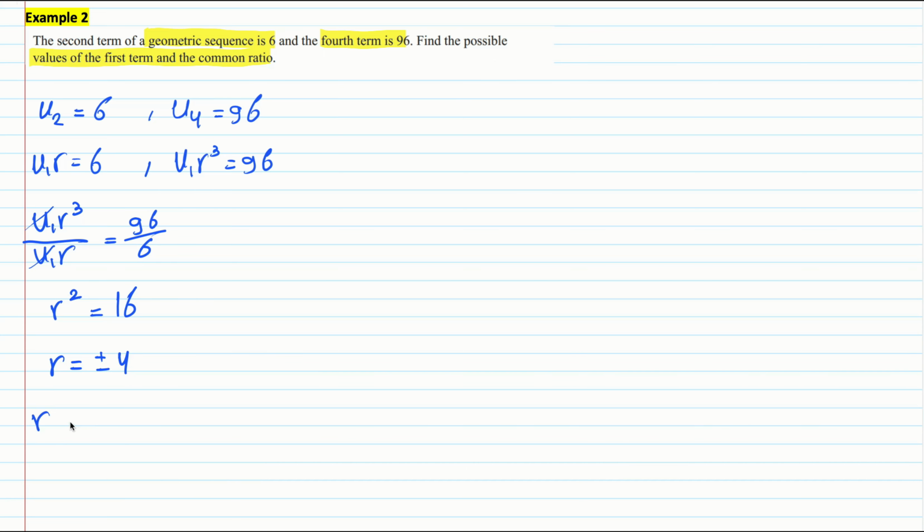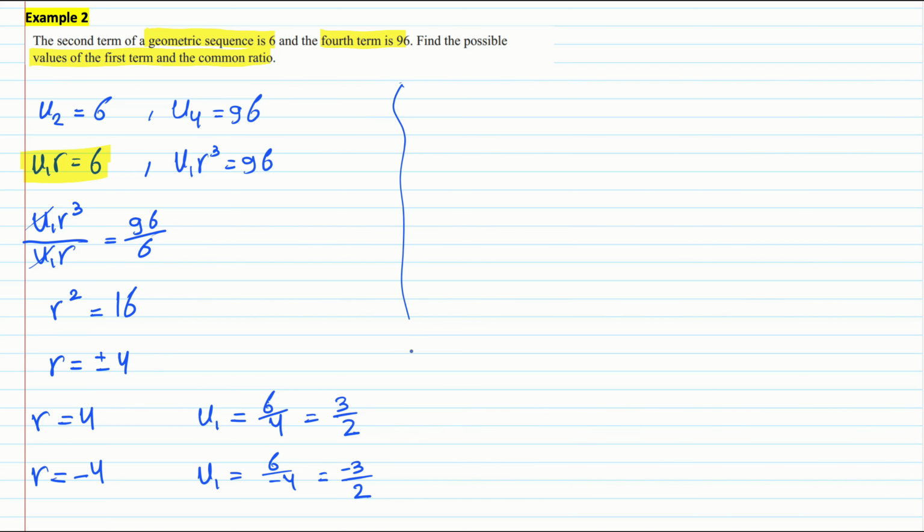So when R equals 4, you may substitute in any equation from the two you have. This one is simpler. So U1 equals 6 over 4, simplified to 3 over 2. And when R equals -4, U1 equals 6 over -4, which is -3 over 2.